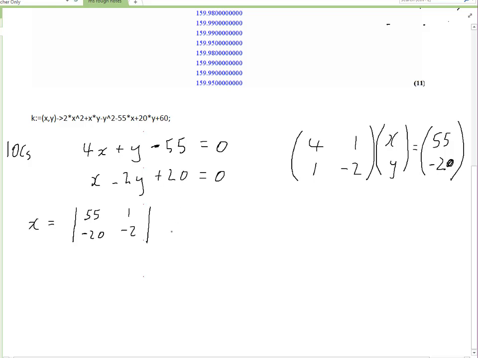And you have to divide that by the determinant of the whole matrix, the original one, 4, 1, 1, minus 2.